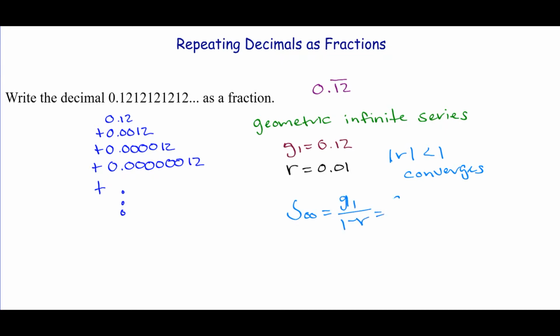So my first term in this case is 0.12 over 1 minus 0.01, which is 0.12 over 0.99. And if I multiply both of those by 100, I get 12 over 99. So I've changed that repeating decimal into a fraction of 12 over 99.